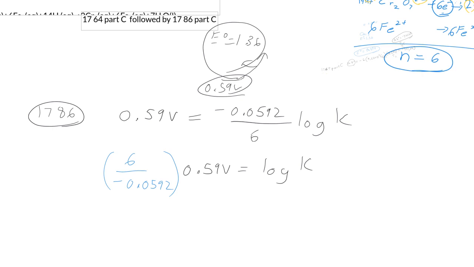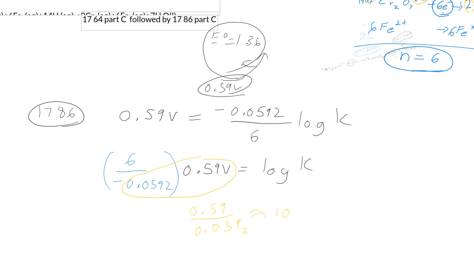here's where they're being big jerks in this problem. They're having fun with math again, and they want you to make a rounding error, quite frankly, and realize that 0.59 divided by 0.059, they're saying is 10, right?